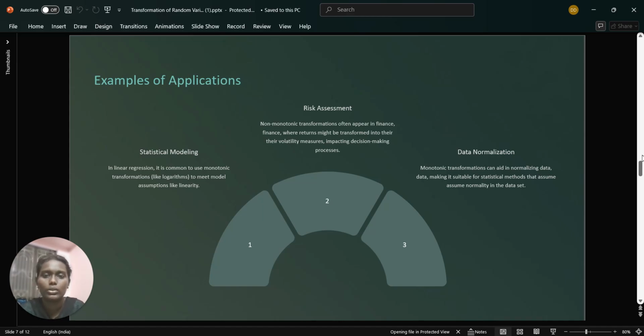For risk assessment, non-monotonic transformations often appear in finance, where returns might be transformed into volatility measures, impacting the decision-making process. In data transformation, monotonic transformations can aid in normalizing data, making it suitable for statistical methods that assume normality in the data set.